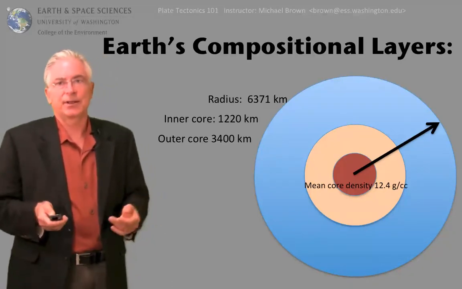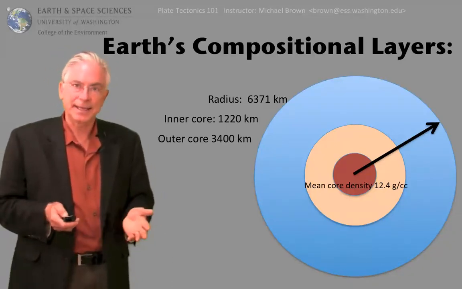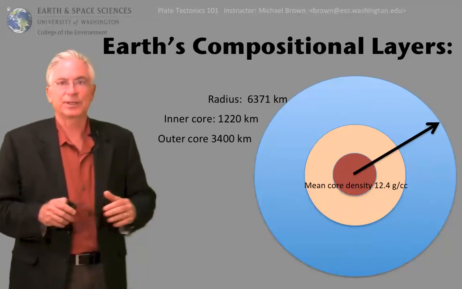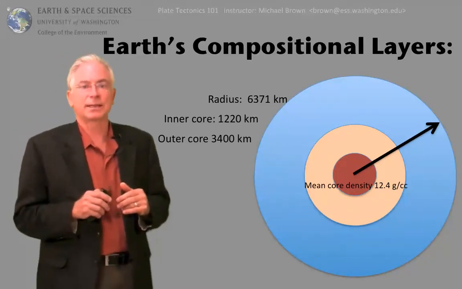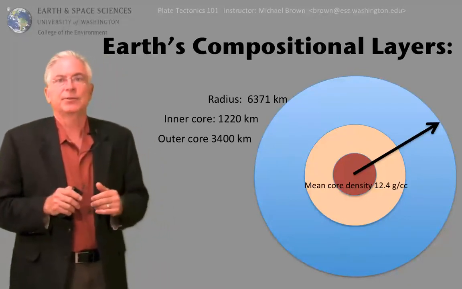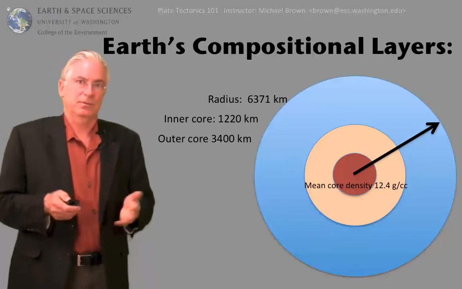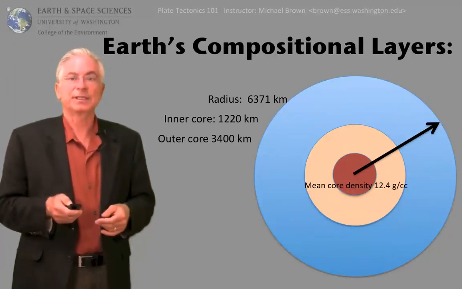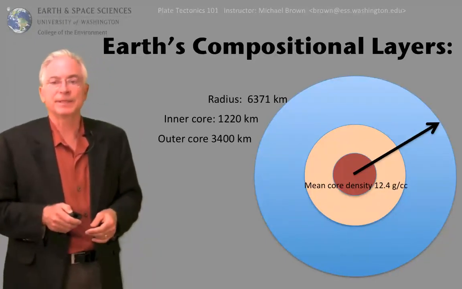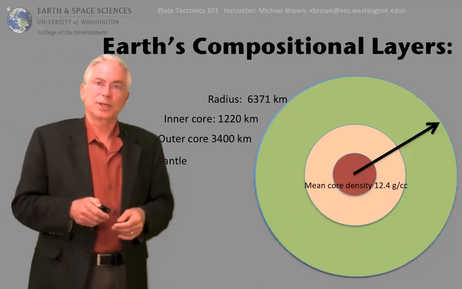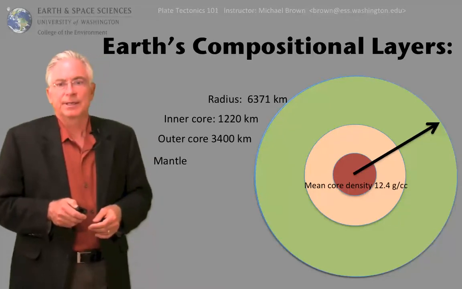Now, iron itself has a density a little less than 8 grams per cc, so what's happened at the center of the Earth is the compression of all the overlying mass has increased the density of the material until it's some 50% denser than iron under ambient conditions. Surrounding the core is the mantle, shaded in green here.